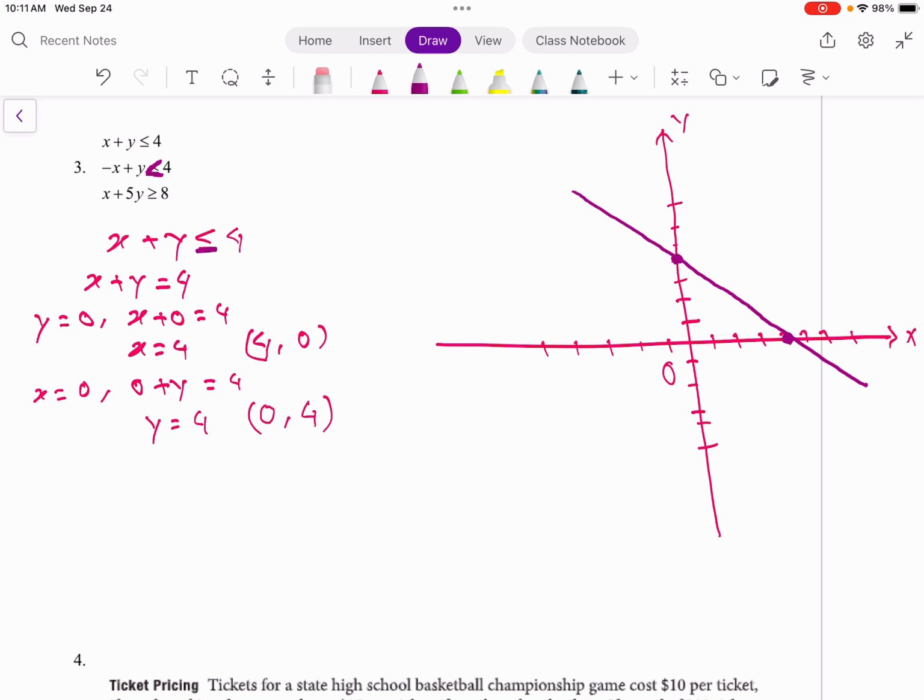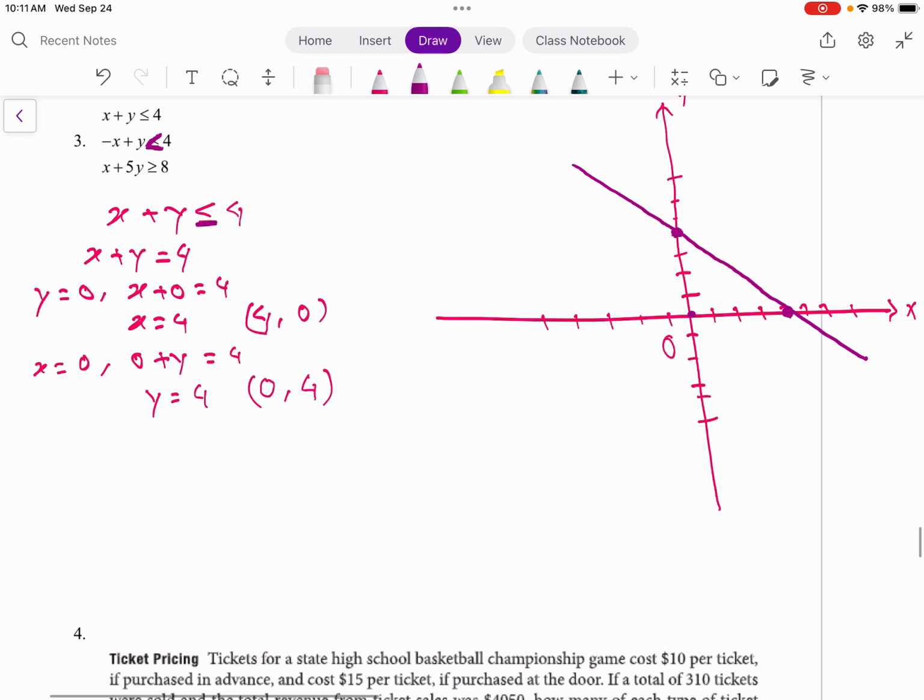Next step, we choose a testing point. Do not choose a testing point on the line, but you can choose any other point. So let's go with the origin: (0, 0) is our testing point. Our inequality is x plus y less than or equal to 4. You replace x by 0 and y by 0.